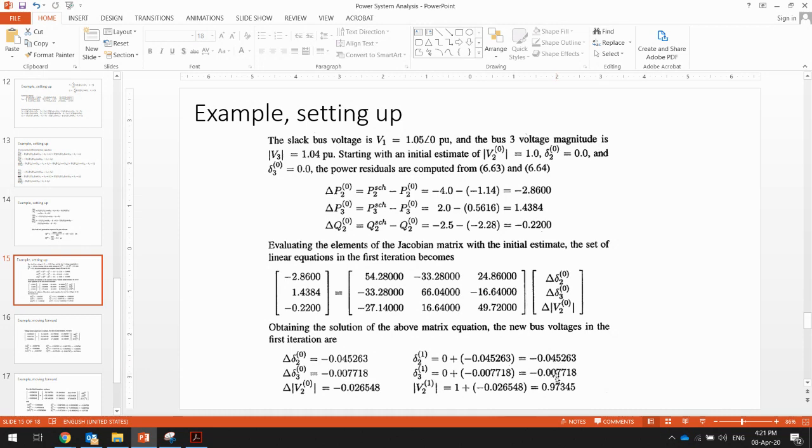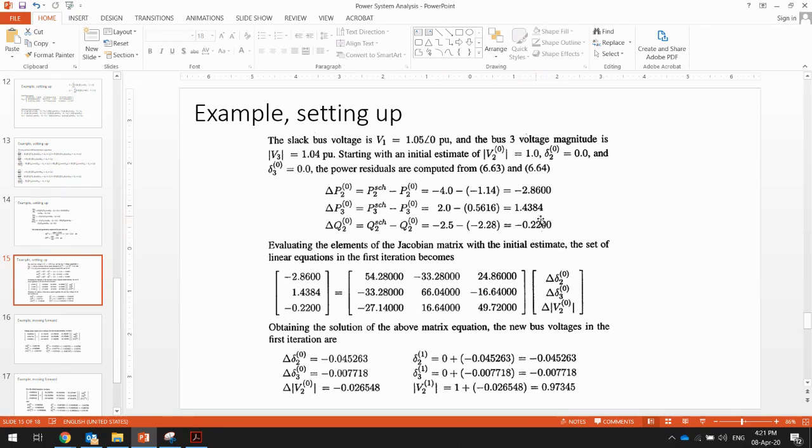As you obtain the new values, you want to repeat the whole process. Take these values and apply them inside the same three power equations to obtain new values, and determine the new difference. When determining the new difference, the scheduled power remains the same, because this is given to us.